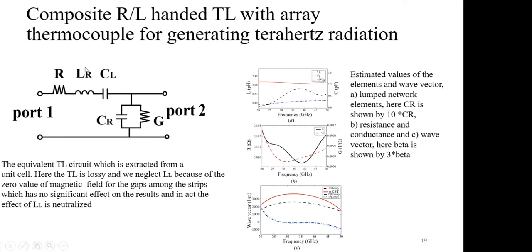I designed here the composite right left hand transmission line, and I designed an equivalent circuit for it, but here I have no inductance because the same magnetic field is around each thermocouple, around this transmission line. As a function of frequency, each element was calculated, and the wave vector shows us that it works as a hybrid transmission line exactly at, I think, around 25 gigahertz.